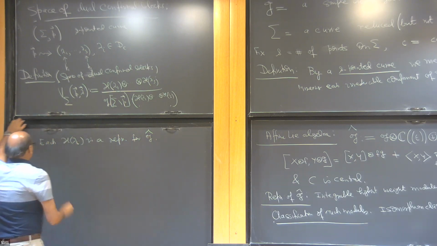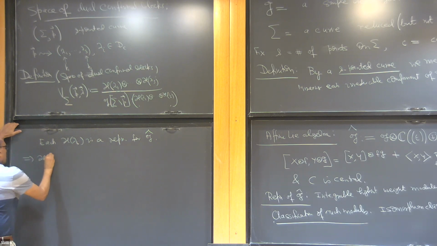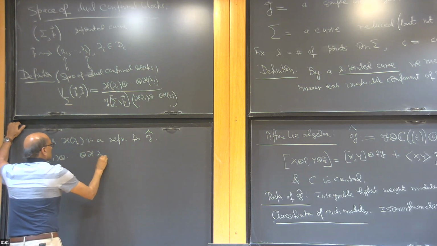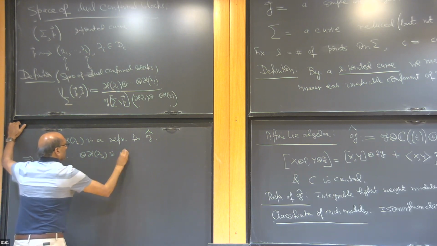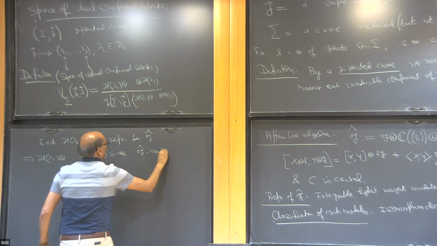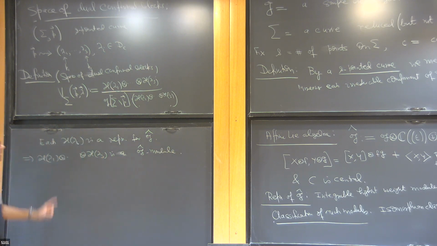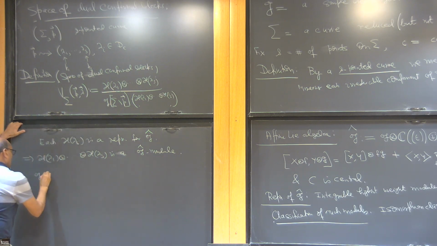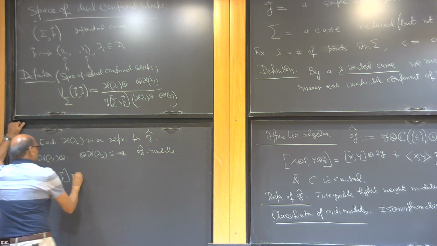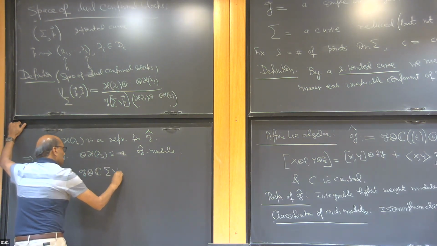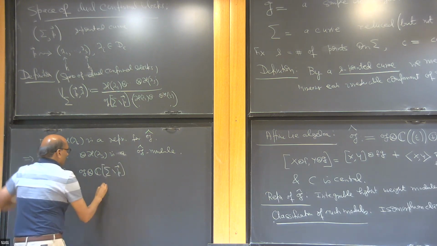So the tensor product H lambda 1 tensor through H lambda S is a G hat module. But first of all, what is this notation? G sigma minus P is by definition G tensor C of sigma minus P. So this is the affine coordinate frame.